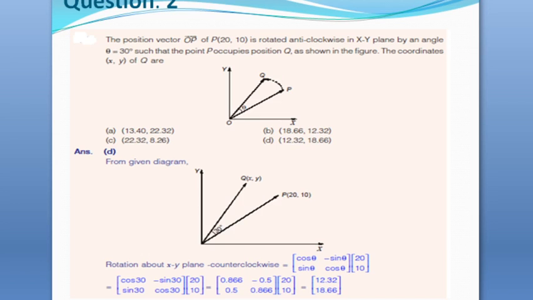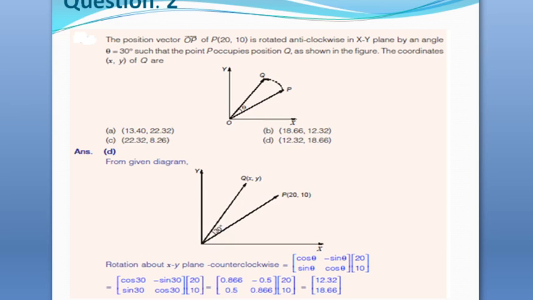Then problem 2. The position vector OP of P, 20, 10, is rotated in anticlockwise direction in the xy plane by an angle of 30 degrees such that the point P occupies position Q as shown in the figure.